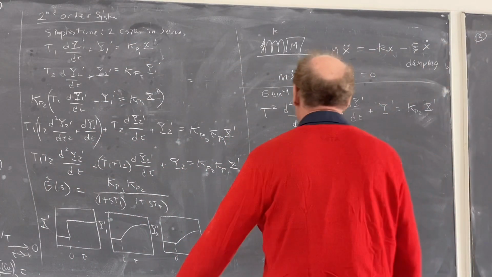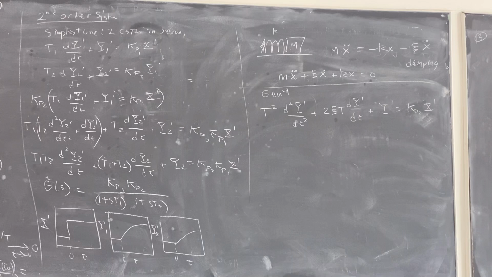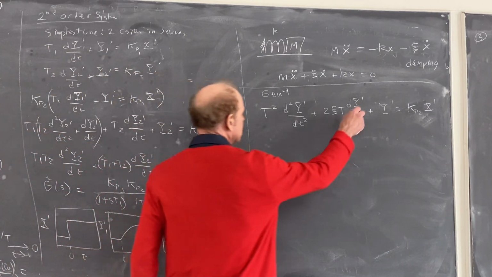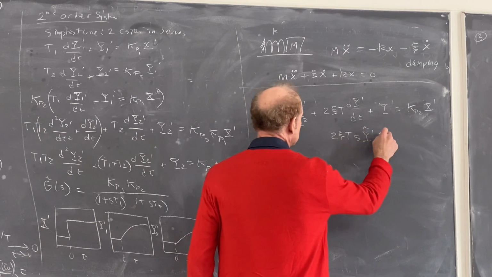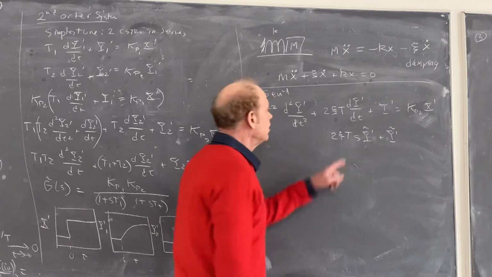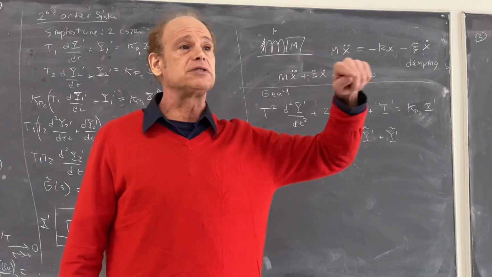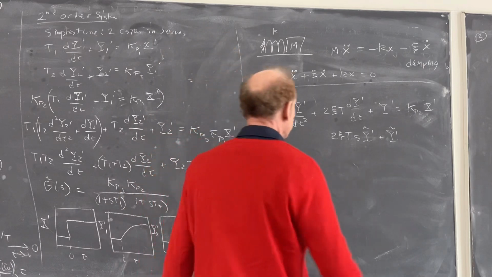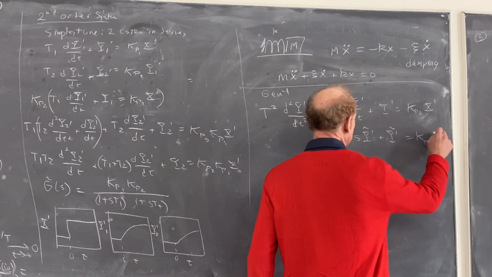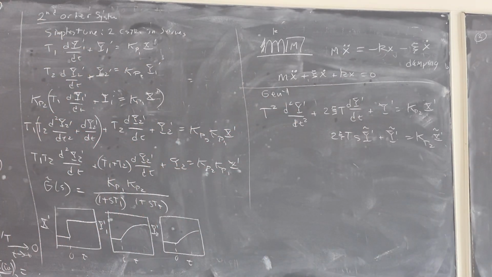So let's solve it. Again, because the prime variables have 0 initial condition, when I take the derivative of this, I'm just going to get 2ct s y prime tilde. This I'm just going to get y. Normally, the Laplace transform of the derivative is s times y prime tilde minus the initial condition. The initial condition is 0 because they're prime variables, so I don't need that. On the right-hand side, I've got kp2 x prime tilde. And on the left, I'm going to assume that the initial condition not only of y prime, but of its derivative is 0.